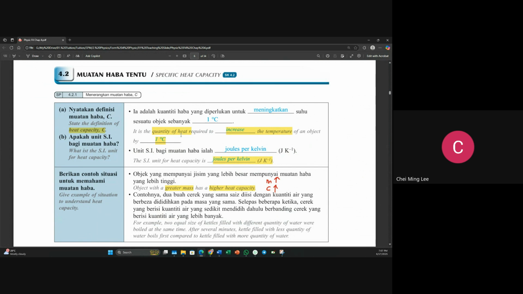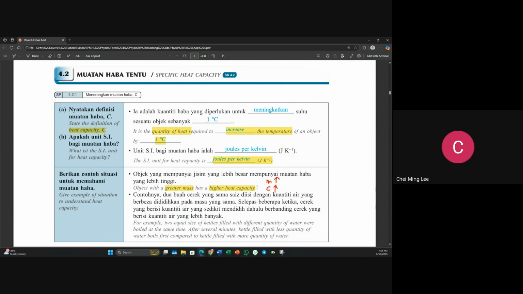Normally we measure it using joules per Kelvin. An object with a greater mass normally has a higher heat capacity, because greater mass means more substance involved, so the heat needed to raise the temperature is higher.